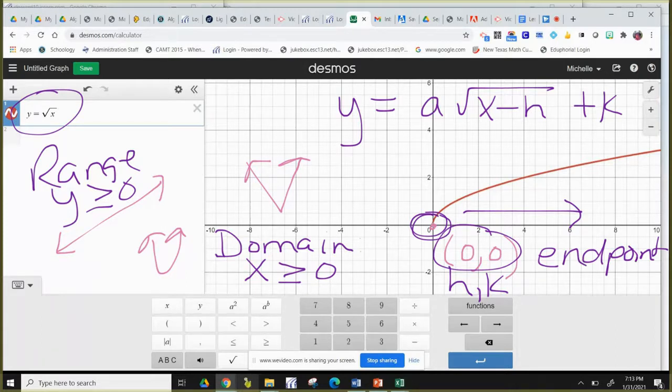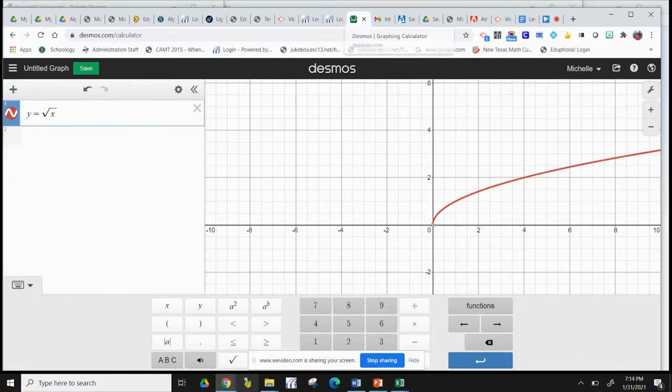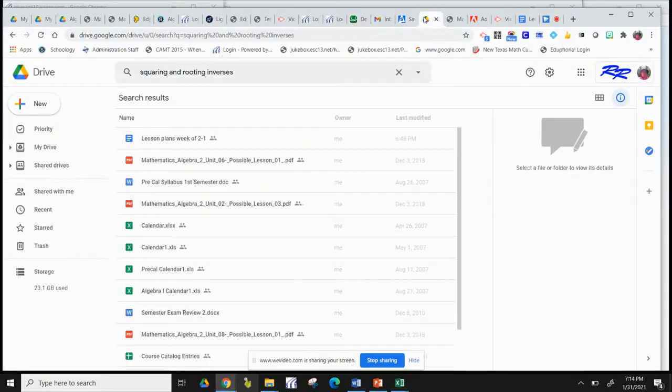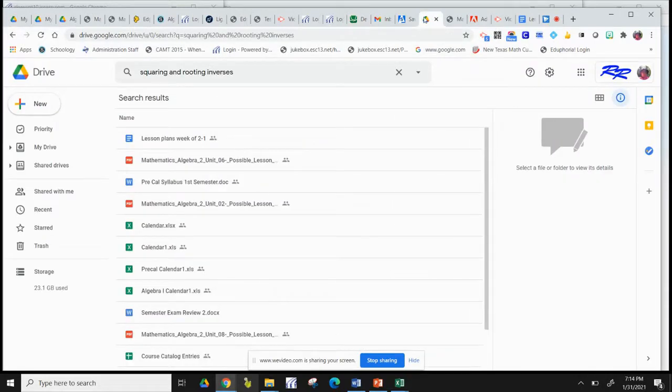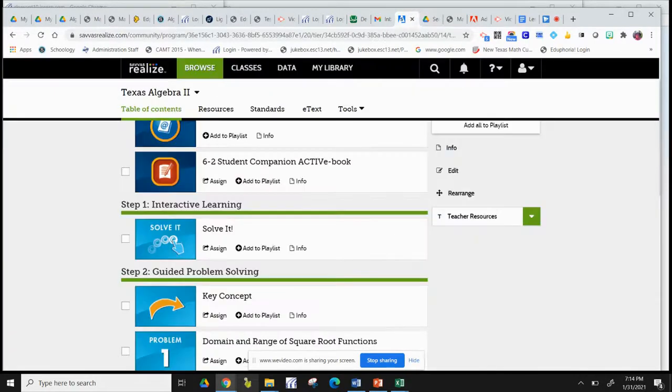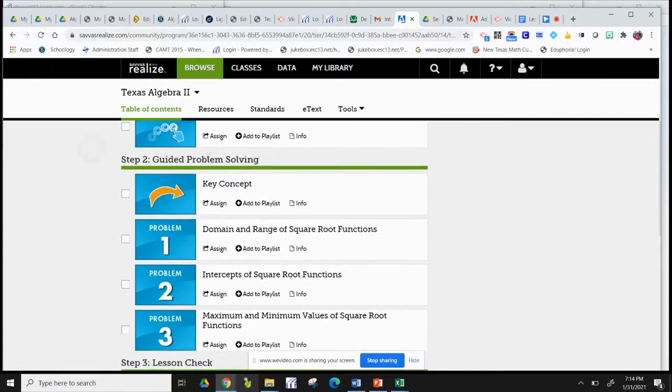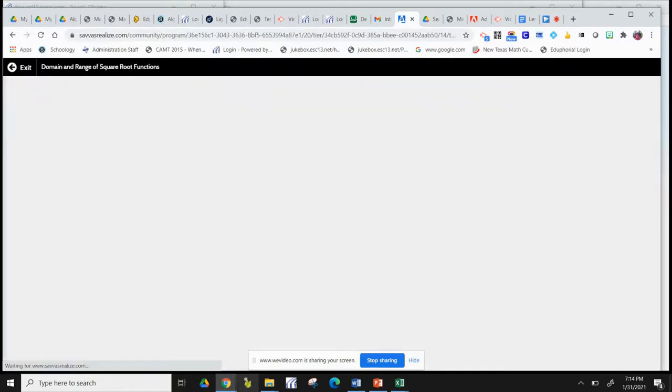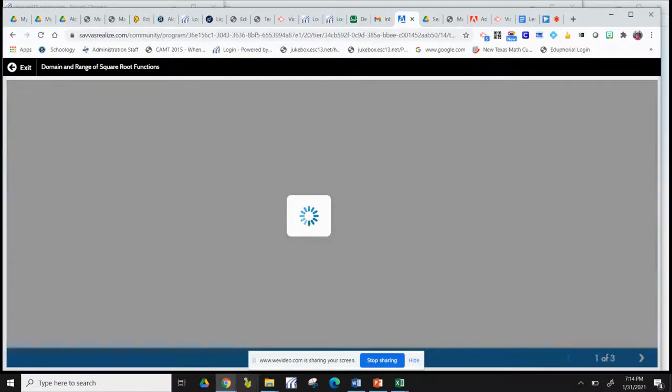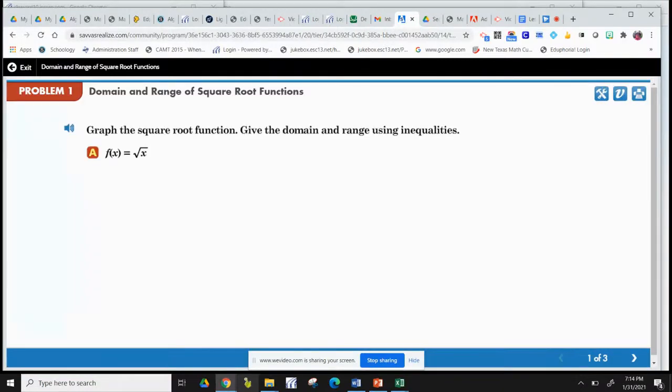So let's go back and look at some examples. Graph the square root function, give the domain and range using inequalities.